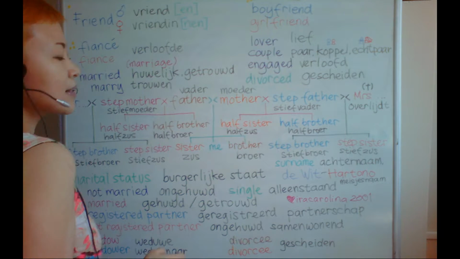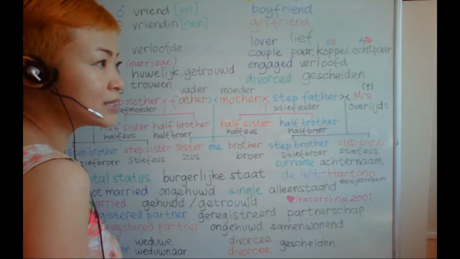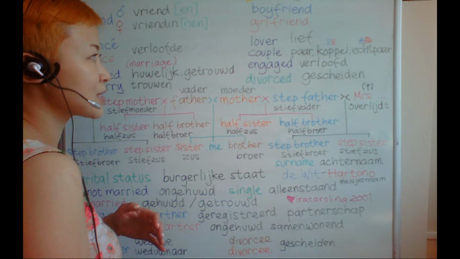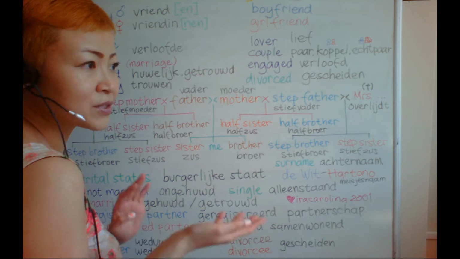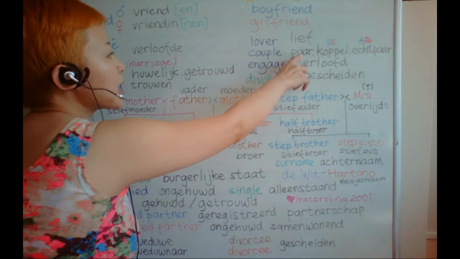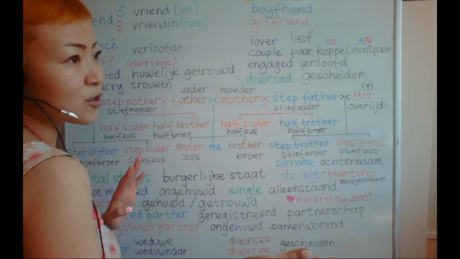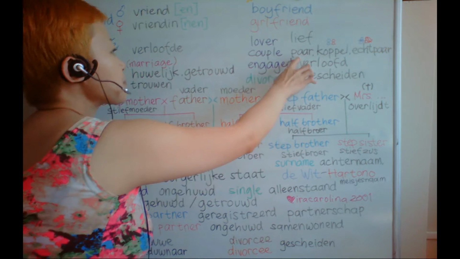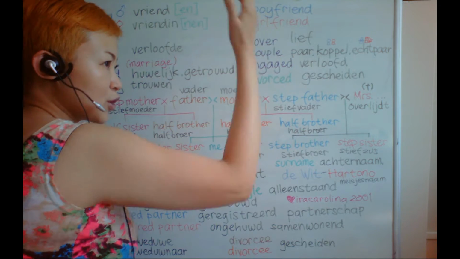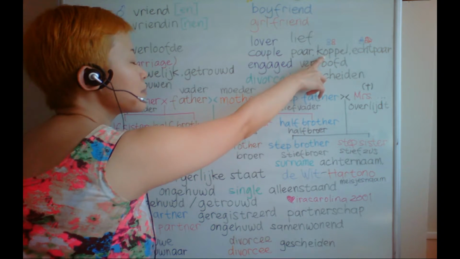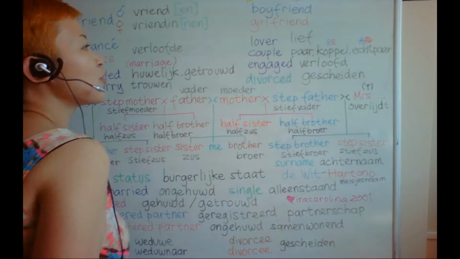Paar can be used for humans, but also can be used when you want to say a pair of something, like a pair of subjects. This paar in English is "pair of". Pairs or pair of can be for humans, can be for objects. But if you say koppel, it's for humans.